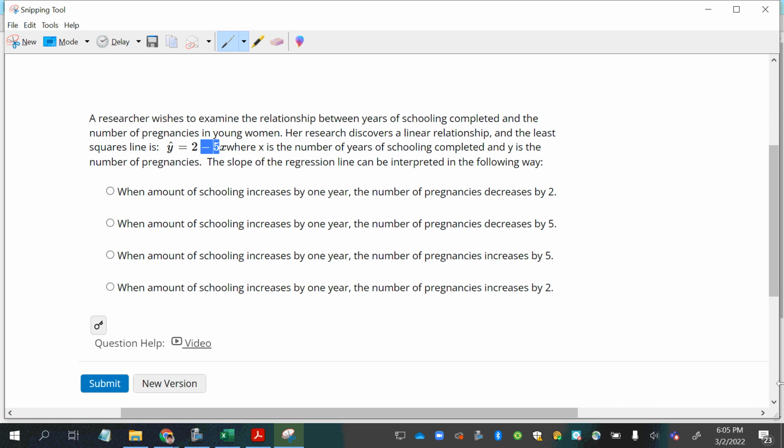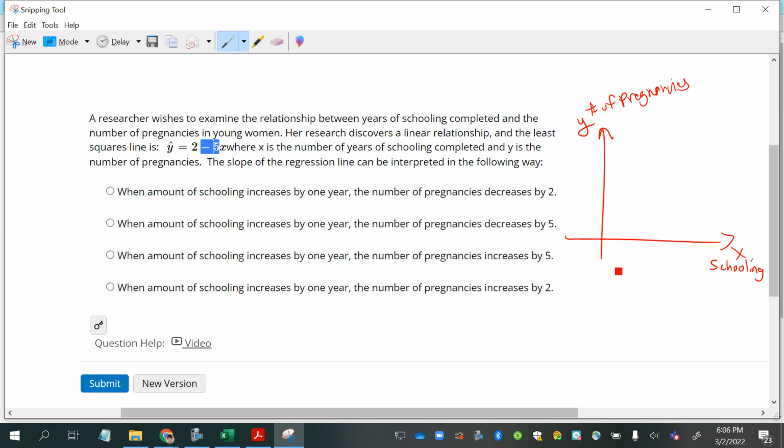It's saying that we're letting x be the schooling and y is the number of pregnancies. So it's saying that there is a downward linear relationship of -5.